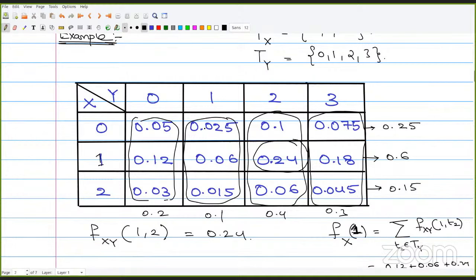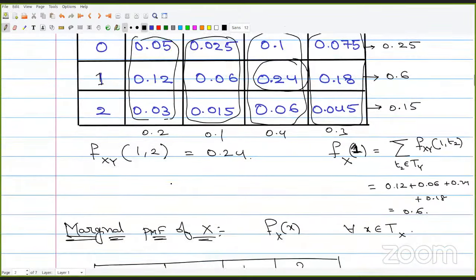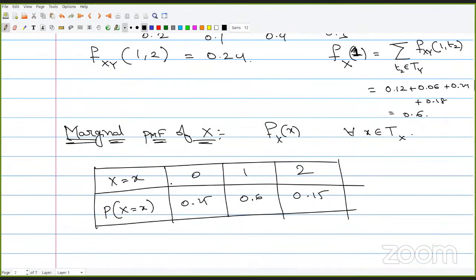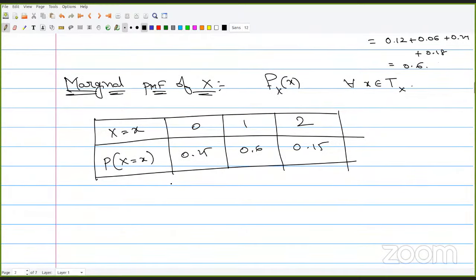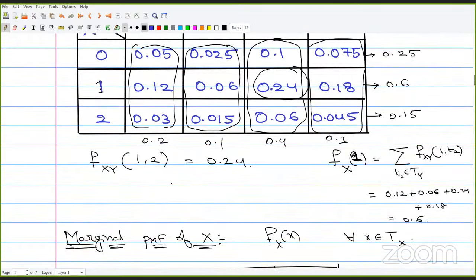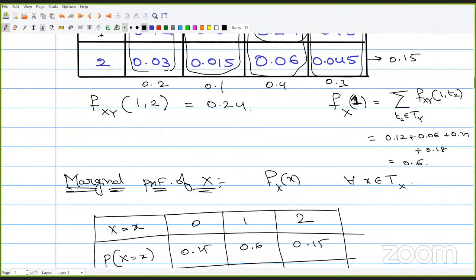So this will be the marginal PMF of Y. So in our marginal PMF of Y, you will have one more column, 0, 1, 2, 3, and you will have 0.1, 0.2, 0.1, 0.4, 0.3. So this is the marginal PMF.